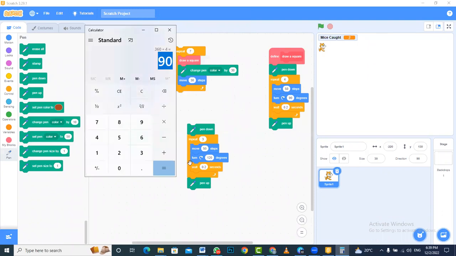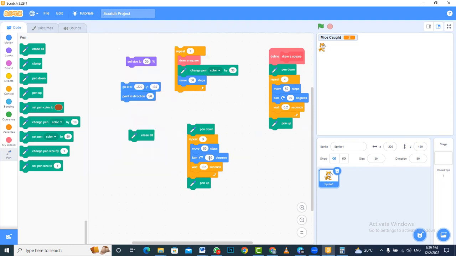Yes, sir. Now, this number is 360. So if you want to make a triangle, how many sides do you want to make? 3. So you divide this number by 3 and you get the angle. What is the angle? 120. So you would have to turn your character 120 degrees if you want to make a triangle.